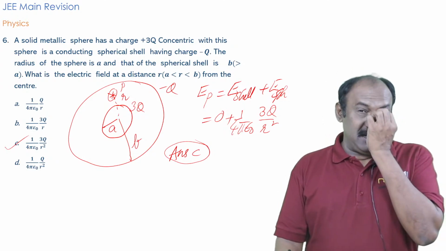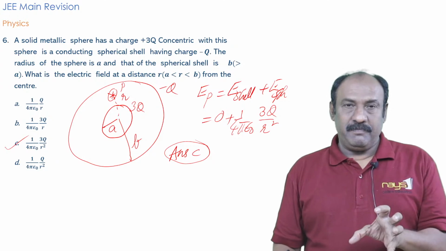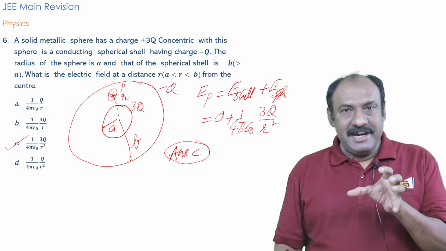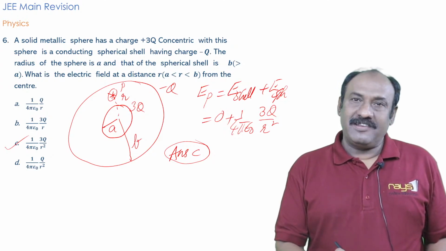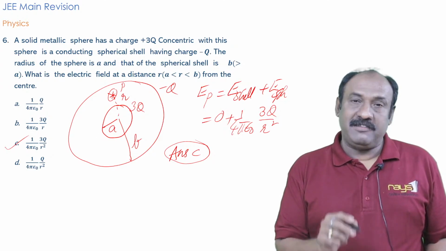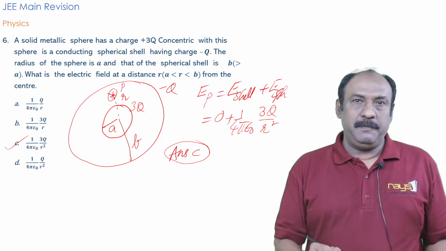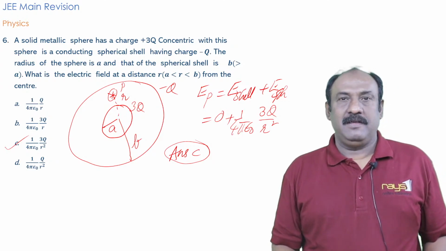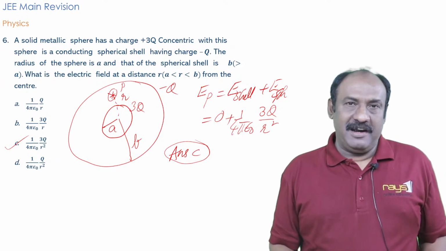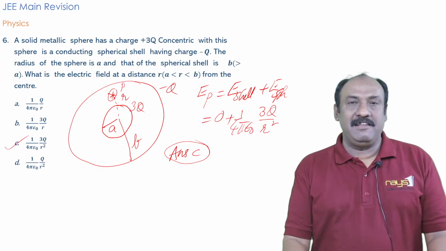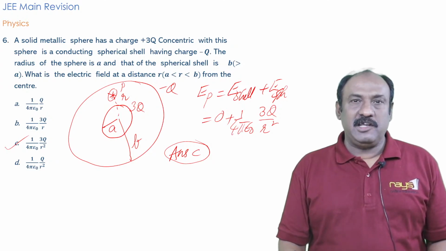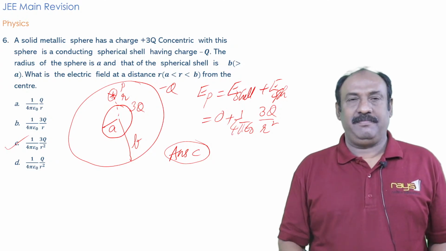Simply here we have to consider that for a shell, at any inside point electric field intensity is 0. Now for the solid sphere of given charge 3q, that point P is the outside point. For any solid sphere, when charge is given to it, you have to consider that solid sphere having charge 3q as a point charge.